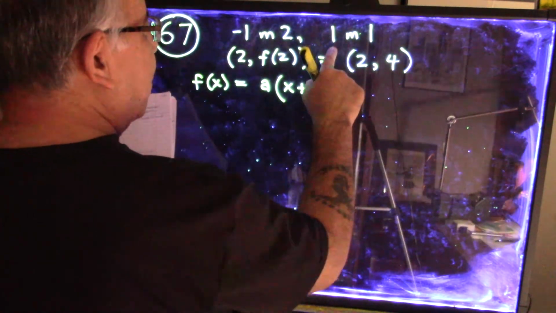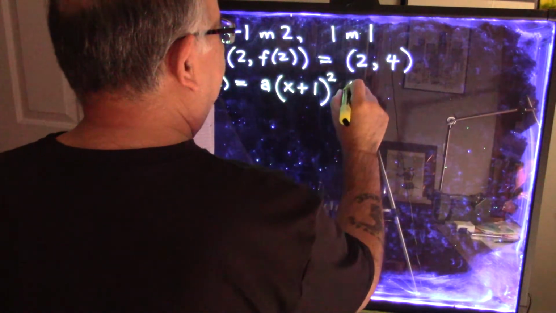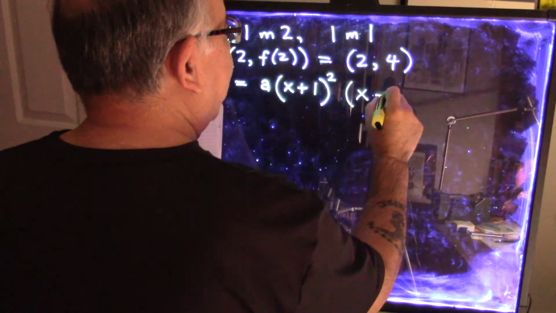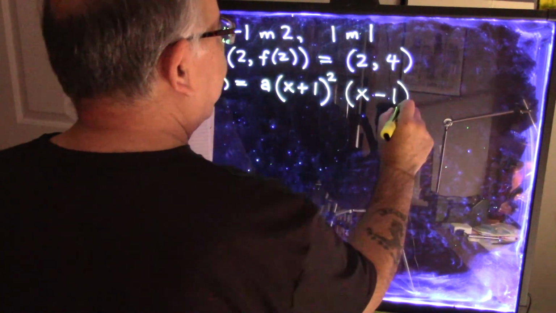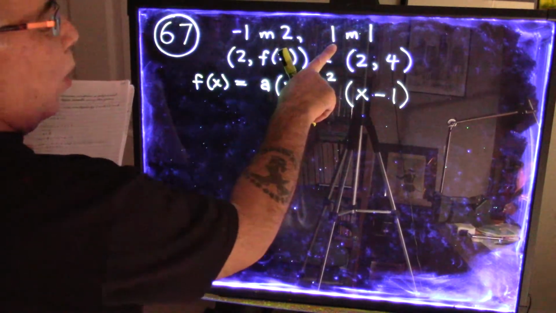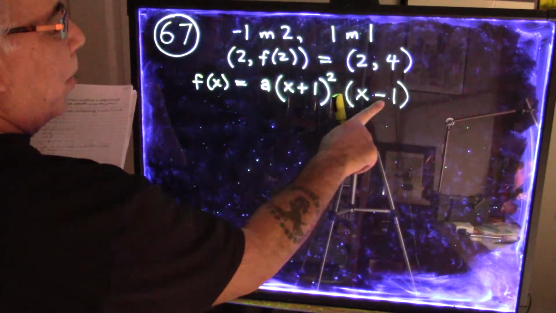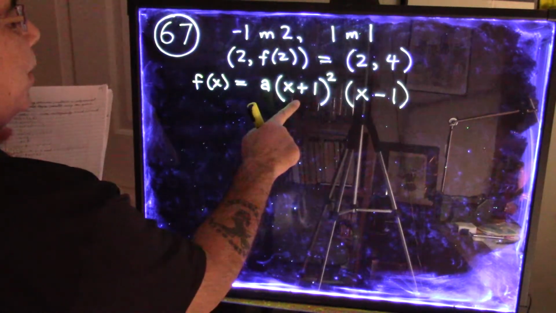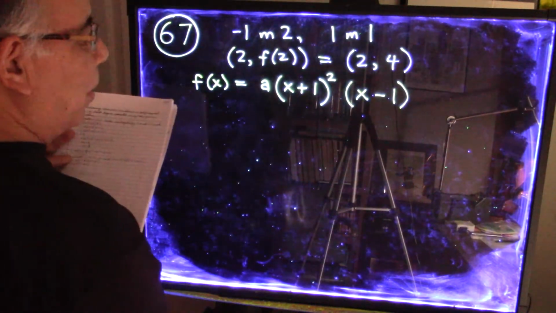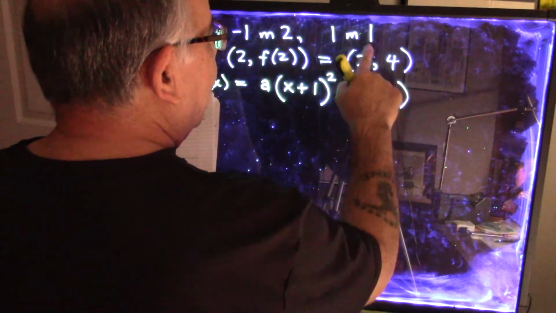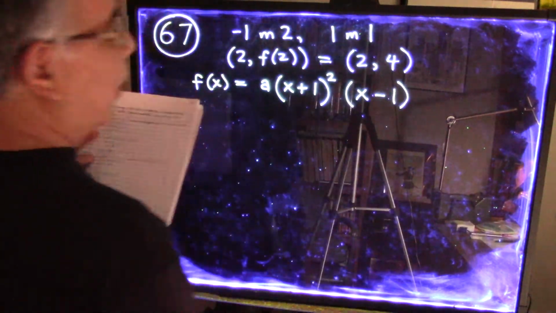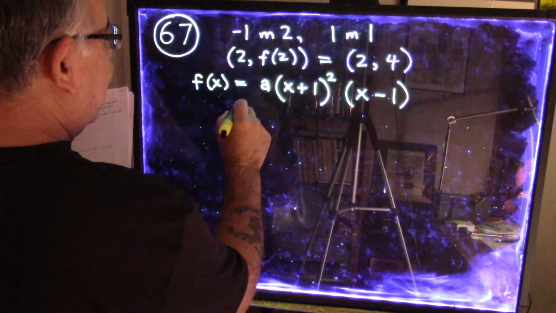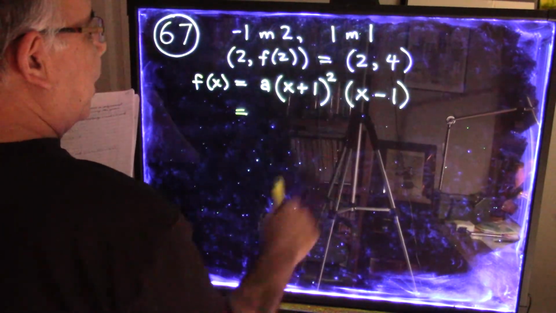And then we have this root, a positive one, so that would mean that there's a factor x minus 1. Because if x equals 1, right there, 1 minus 1 is 0. All right, and then 0 times this and all of that is still going to be 0. Okay, it's multiplicity 1, so the power on there is 1. I just leave that blank. All right, so now what we do is we multiply these two together.